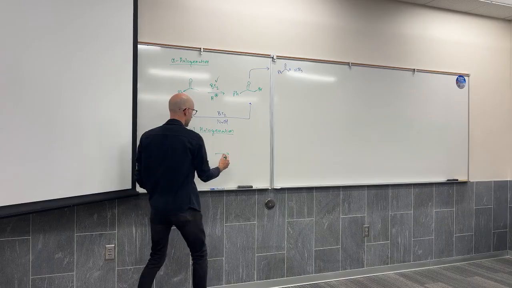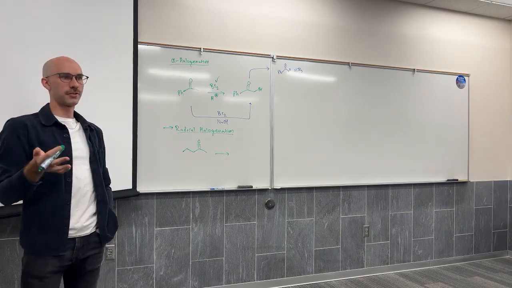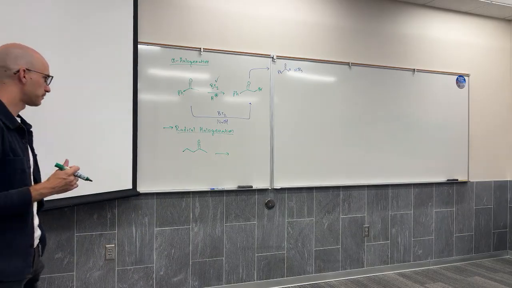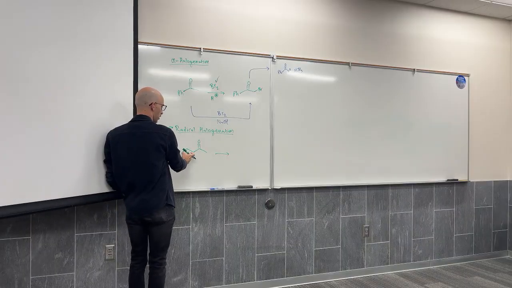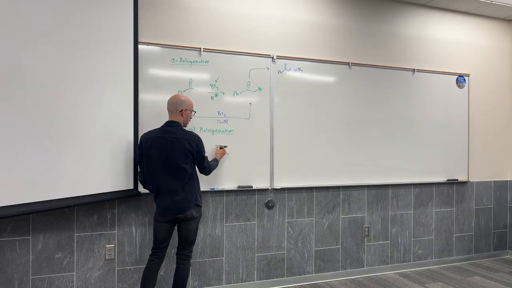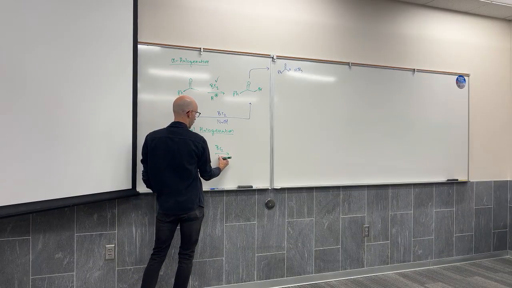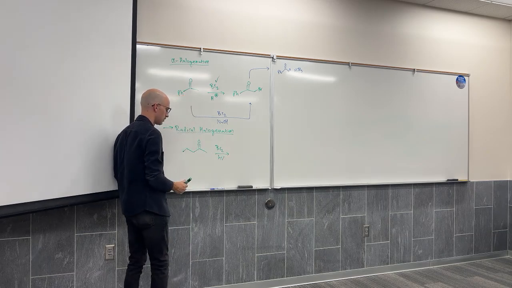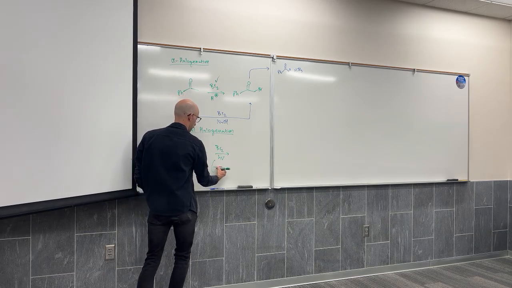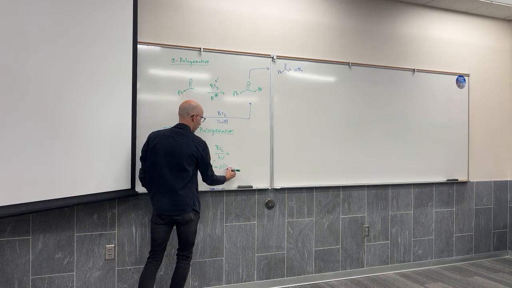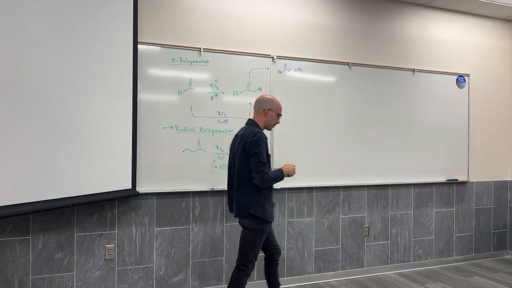Let's say that we have this ketone, which means that it has two different alpha positions, one more substituted, one less substituted, and I add Br2 with light, or if I wanted to, substitute this for N-bromosuccinimide.